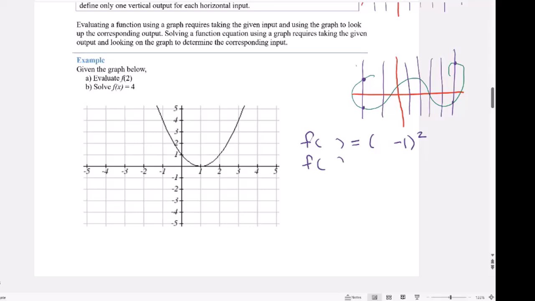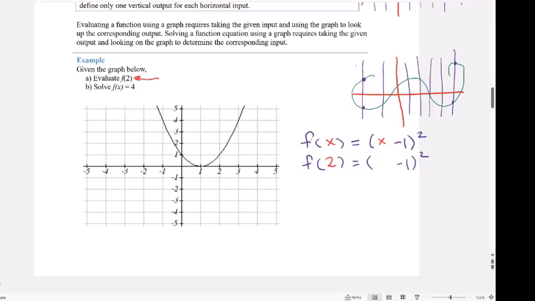So here's f. I'm just going to rewrite everything exactly the same way, here and here. Okay. Now, this was x, and this is x. Now, everywhere that I have an x here, I'm going to replace the x with a 2, because I want to know what f of 2 is, right?